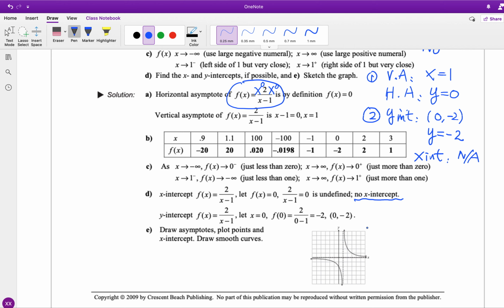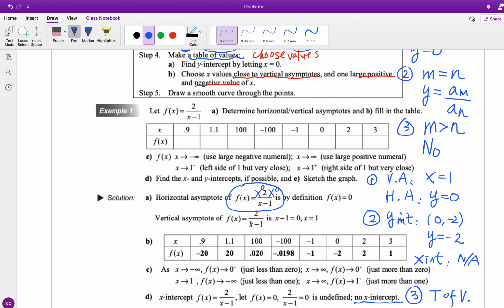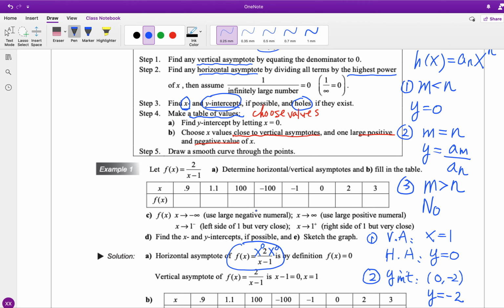All right. Now the third one is we're going to see the table of values. The table of values, which said here above, is that we want to choose values very close to the vertical asymptotes.